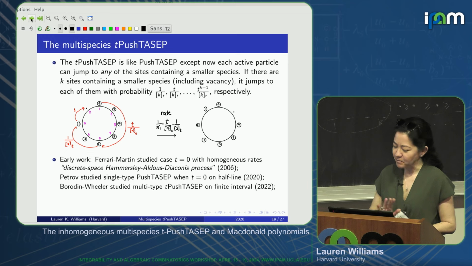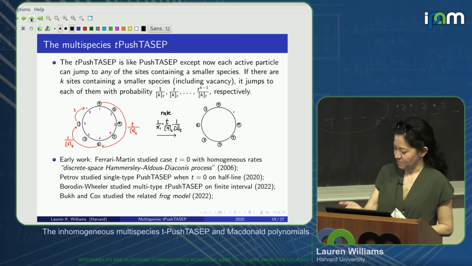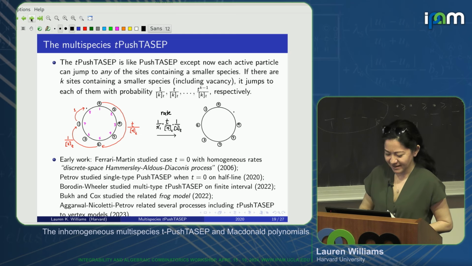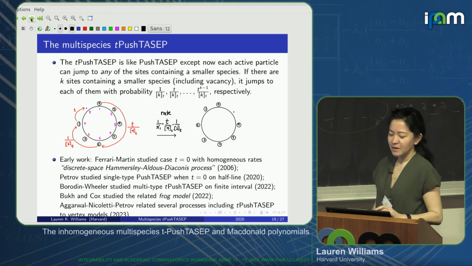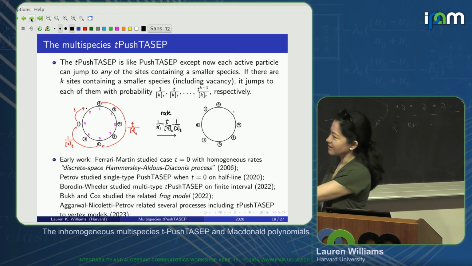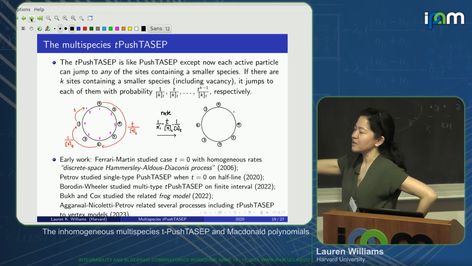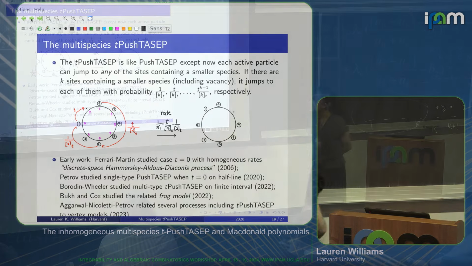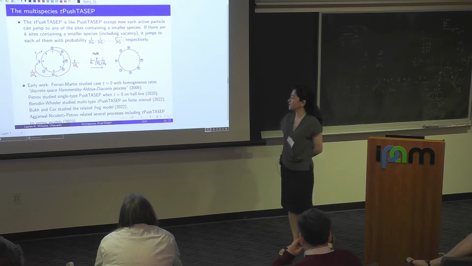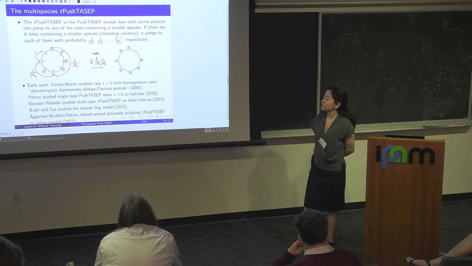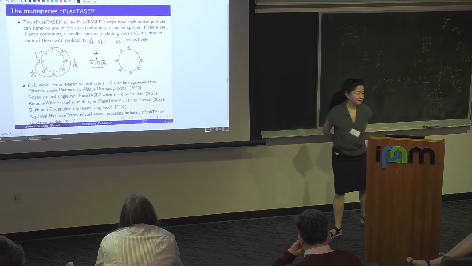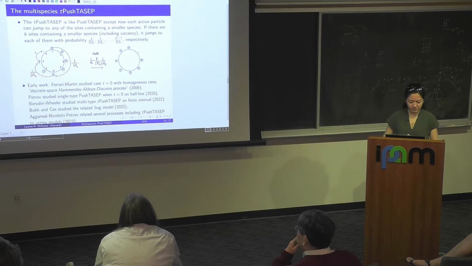Borodin and Wheeler studied a multi-type t-PushTASEP on a finite interval. There's this frog model, and now we know about the frogs with hats model. I'm probably missing other references here, and you are very welcome to tell me if there are certain references I should be adding. There's a recent paper of Agarwal, Nicoletti, and Petrov relating multiple processes, including t-PushTASEP, to vertex models. So that's very interesting.